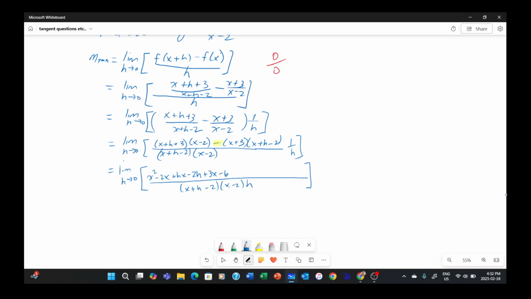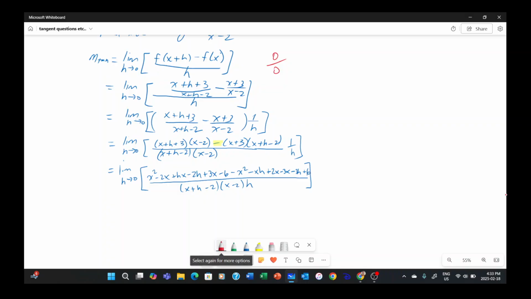And on this one, this is the one we have to be careful about. x times x is x squared, but it's negative. x times h is xh, but it's negative. x times -2 is -2, but it actually ends up being +2. 3 times x is 3x, but it also switches to -3x. 3 times h is 3h, so that becomes -3h. And then 3 times -2 is -6, which becomes +6.